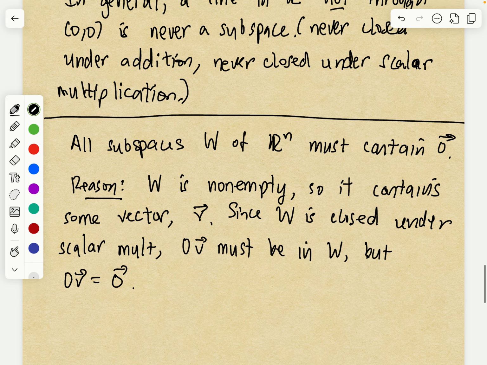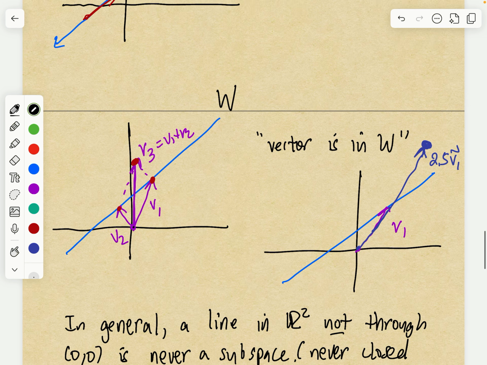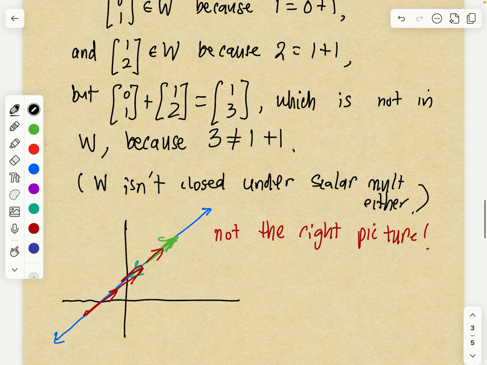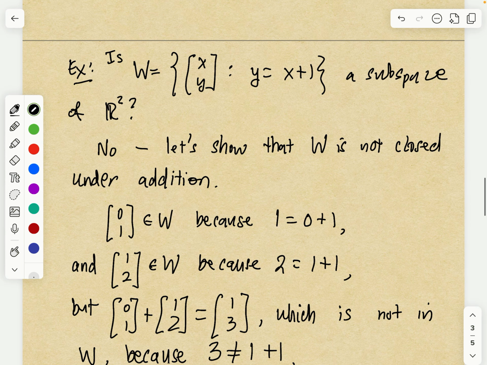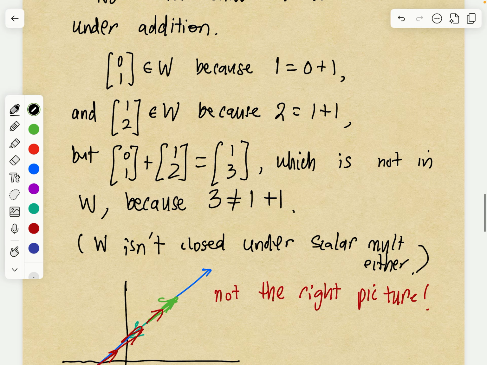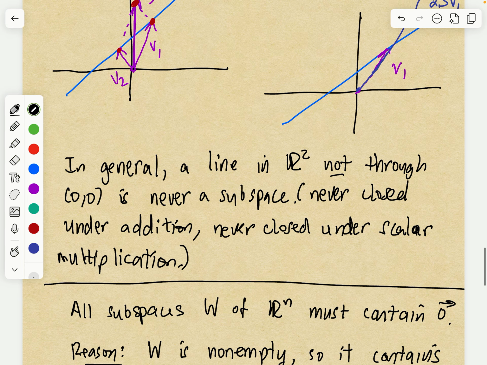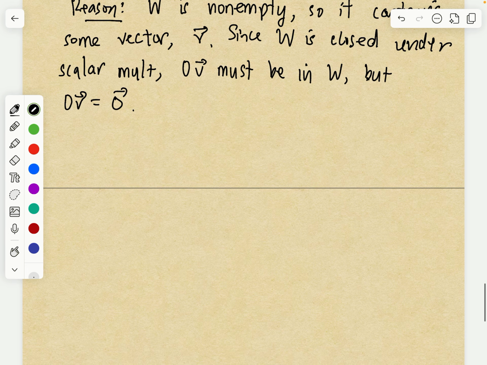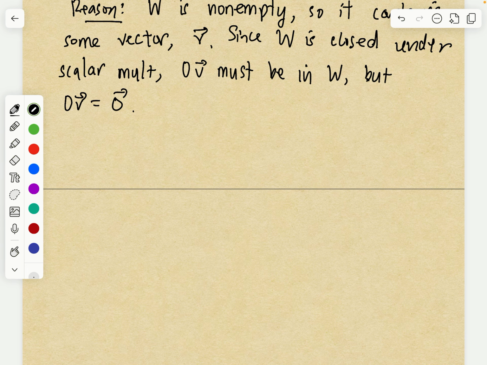So that's actually another quick reason to see that this set W is not a subspace, because 0, 0 is not an element of W. But just because a subspace contains the 0 vector, that doesn't mean that it's automatically a subspace.